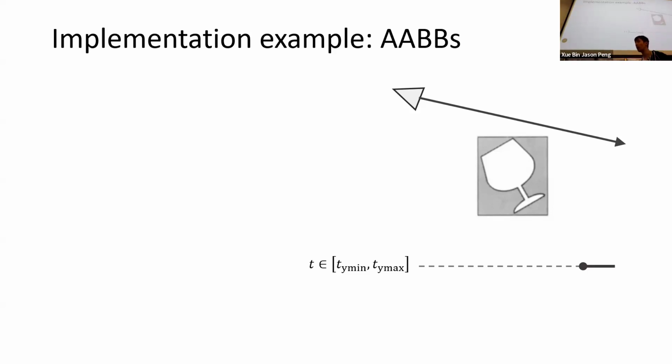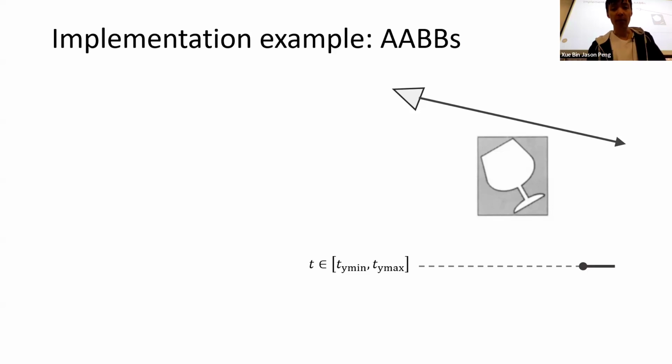In the case of bounding volumes, we try to make raycasting operations more efficient by approximating complex objects with simpler geometric primitives. And the hope is that performing intersection tests against the simple geometric primitives will be much more efficient compared to performing intersection tests against the more complex objects.